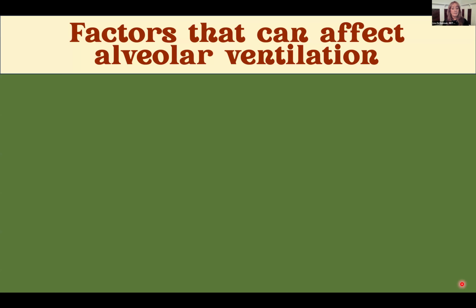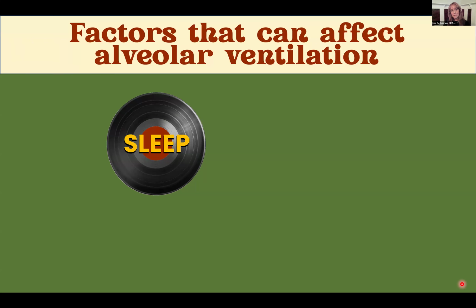So factors that can affect alveolar ventilation, and we've talked about them a little bit. Sleep in general can affect it. There's different stages of sleep. For those of you that are sleep technologists and working in a sleep lab, we know this. Muscles relax, especially during REM. We become paralyzed. Our voluntary muscles go into that relaxed state.